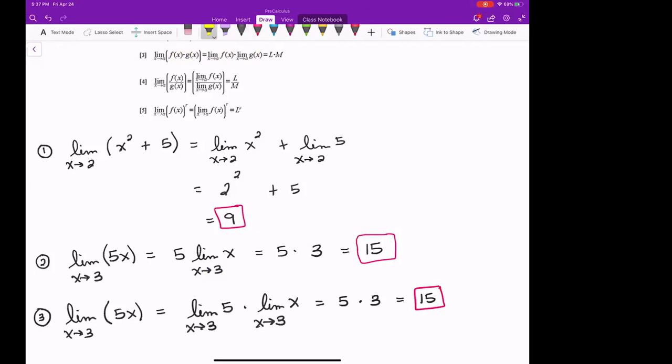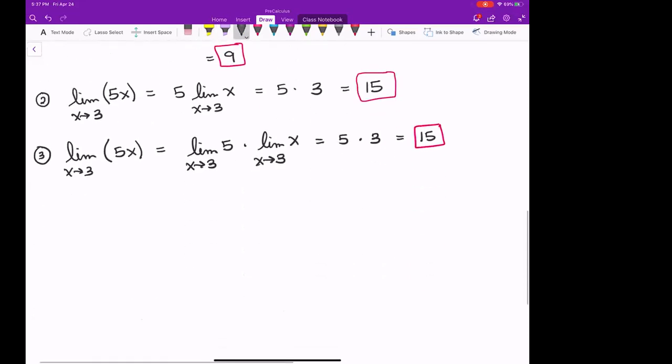The fourth property is showing through division. If I've got some function divided by another function, I could do the limit of the top one divided by the limit of the bottom one, and that would be the same thing. So an example of that might be something like the limit of, I don't know, x plus 2 over x minus 3, and we'll say the limit as x approaches 2.